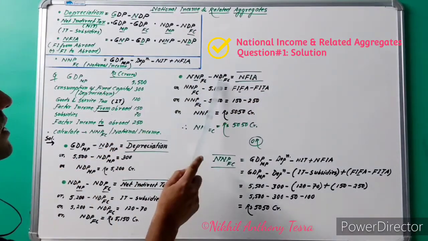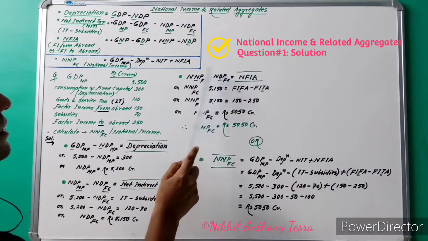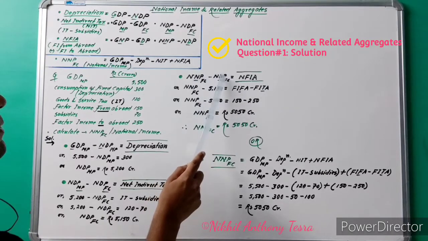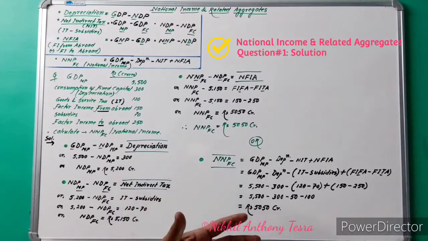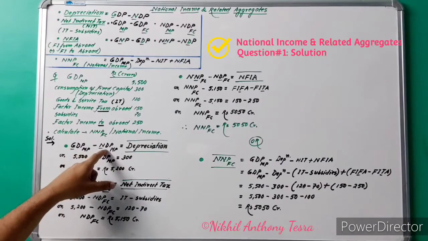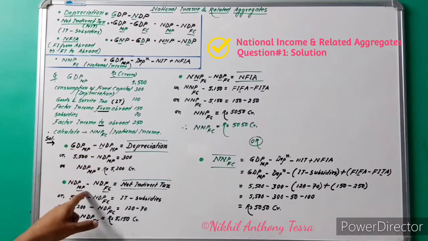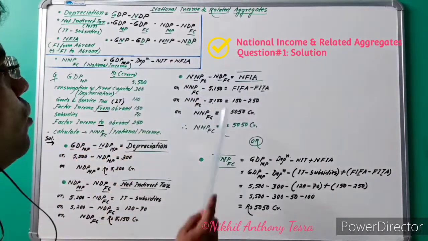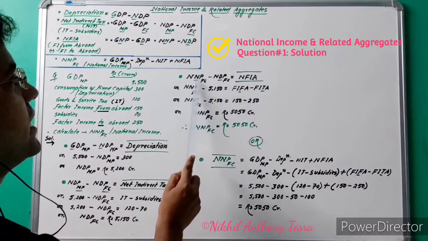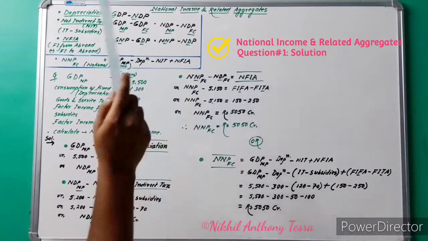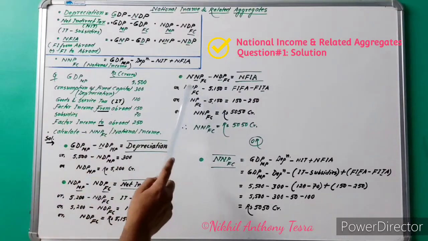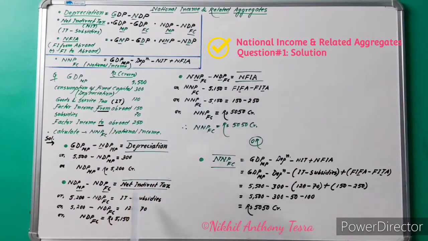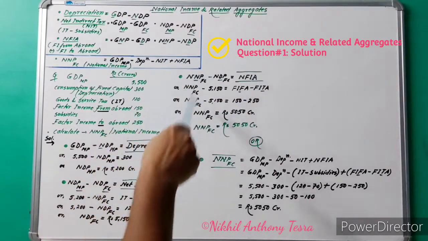Copy the same thing, and in place of D you write N, like in place of G you write N, and in place of market price you write factor cost. National minus domestic gives net factor income from abroad. So NNPFC minus NDPFC is NFI. So easily you can calculate NNPFC.